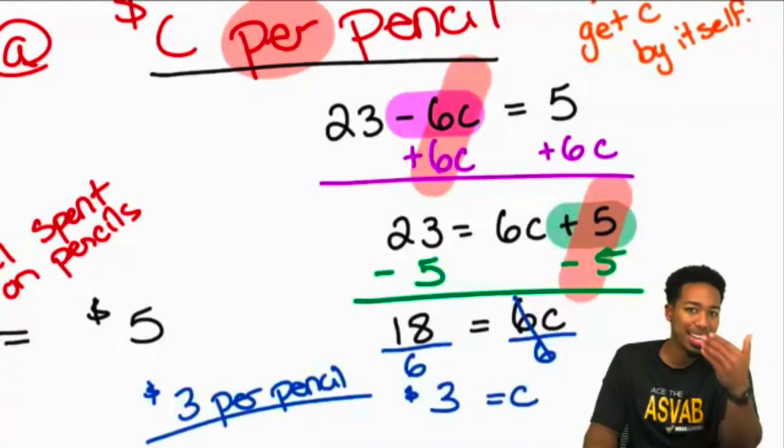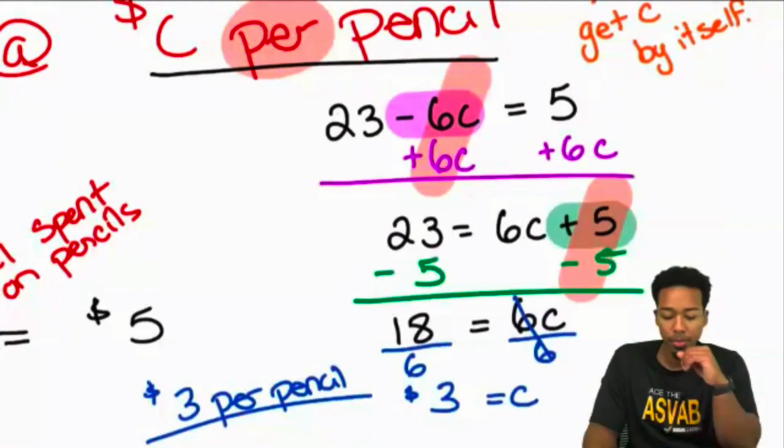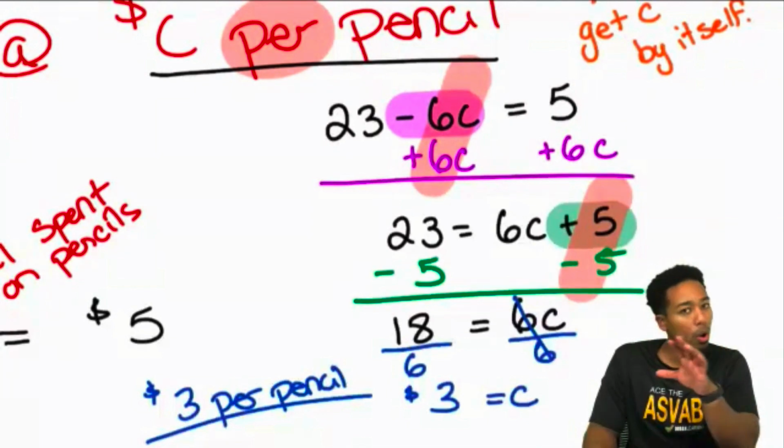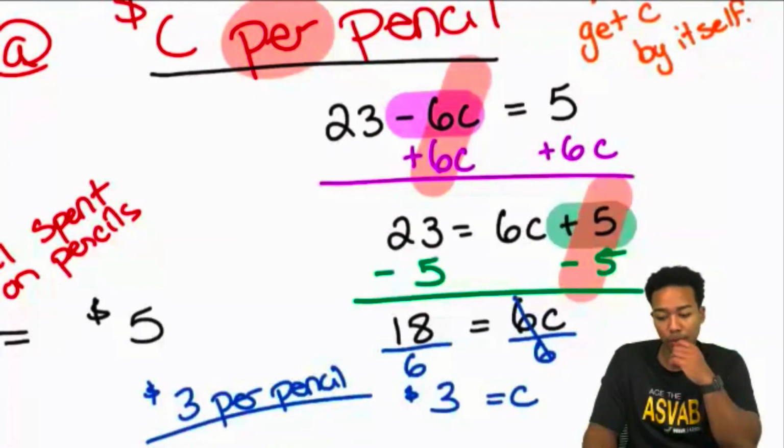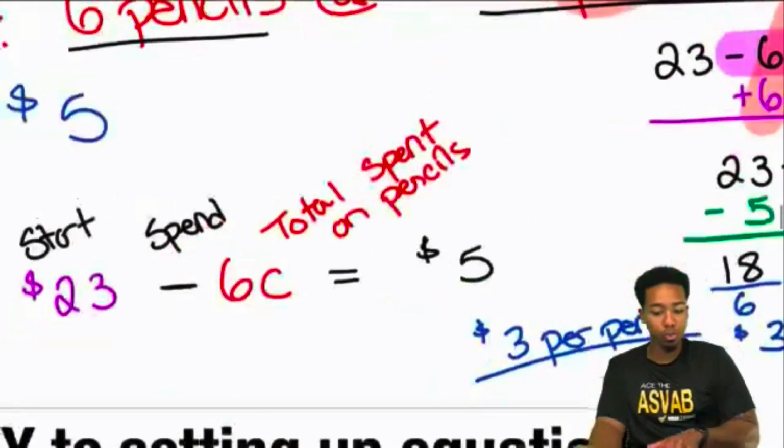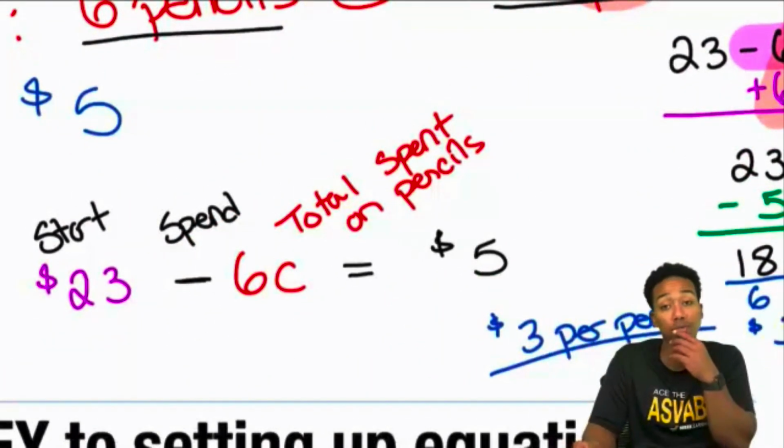So with that said, for those same people that were able to do it intuitively, were you at any point struggling to set up the actual formal equation? Did you struggle at all to set up the formal equation in terms of the 23 minus 6c equals 5?